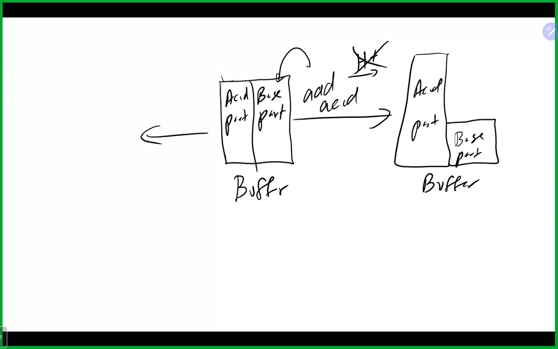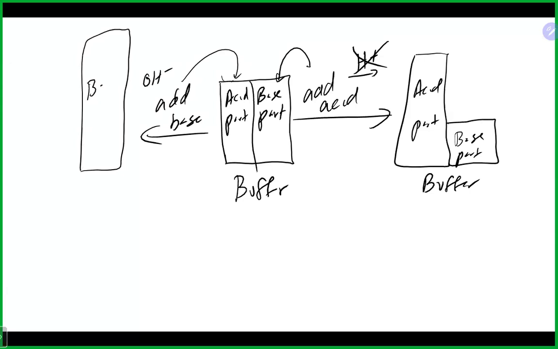So when you add a base to it, which is basically going to add hydroxide, it's going to react with the acid part, but make some more of the base part of the buffer. And it also is going to tie up with the acid part. That hydroxide, which normally would be freely floating, is now going to go hook up with the H plus and make water.